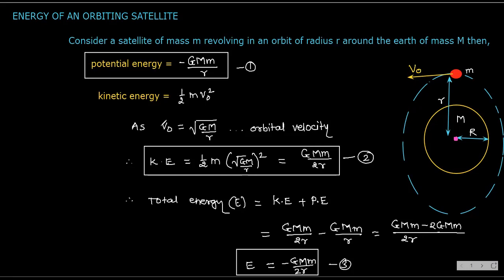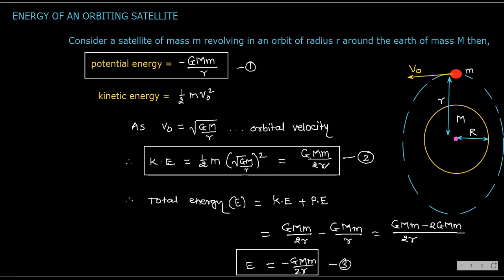Already in the last class we learned orbital velocity v naught is equal to root of GM by r. This M is the mass of the planet, not of the satellite. If I substitute this root GM by r at the v naught place and square it, then what I am getting? Half m into GM by r, that is nothing but GMm by 2r. This is your equation number 2.